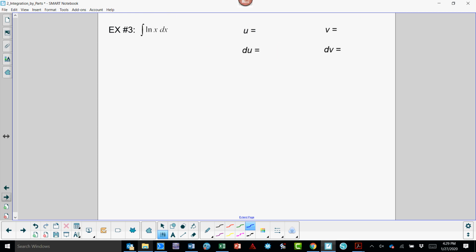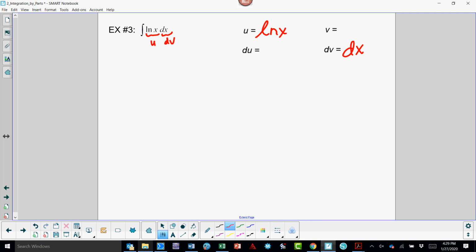So following those guidelines, I'm going to let u equal ln of x, which means dv equals dx, because I have to completely substitute for that entire integral. So I've now substituted: this is u and this is dv. I've just done u dv.